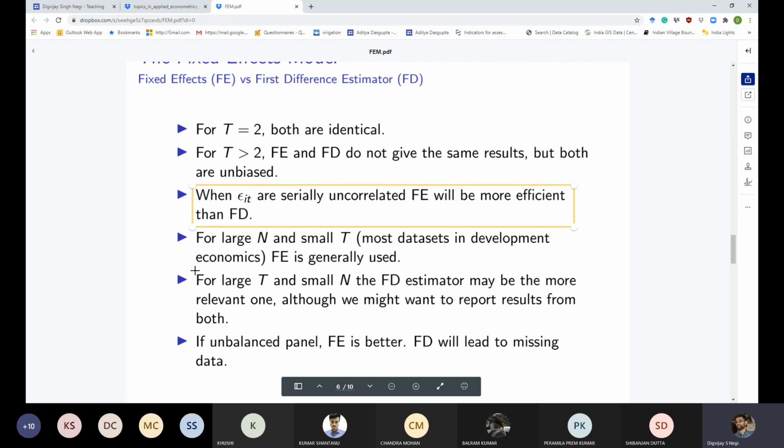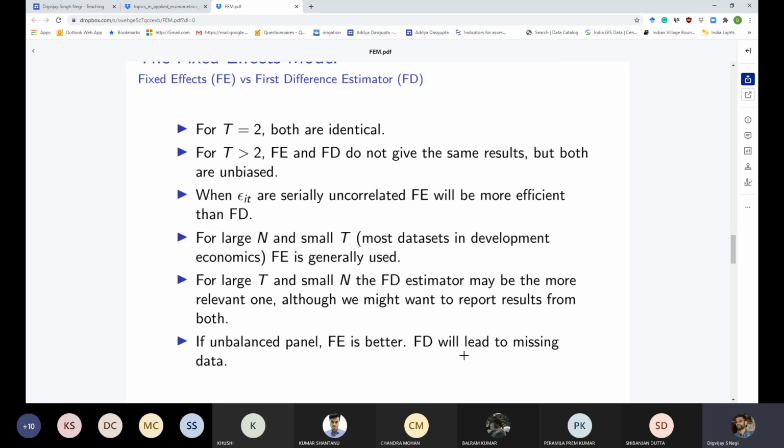But when your T is larger than N, or T is also large. So when you're looking at 10,000 individuals followed over 10 time periods, then the fixed effects model is the appropriate one.